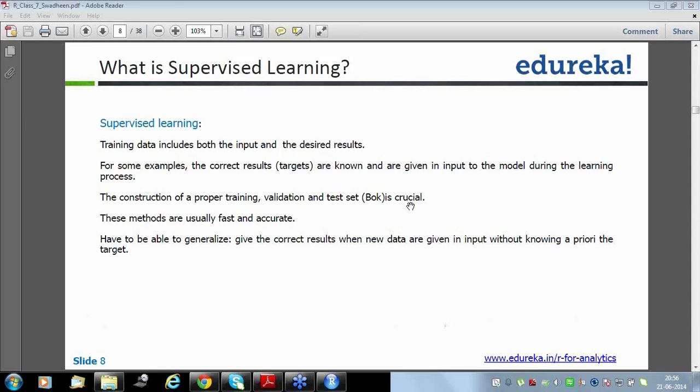Abhinay is saying the data set changes. Yes, Abhinay, you are right. Supervised methods are usually fast and accurate, and they are. But the problem is that we sometimes come across a situation where we do not know the target variable. We do not know anything about the data.